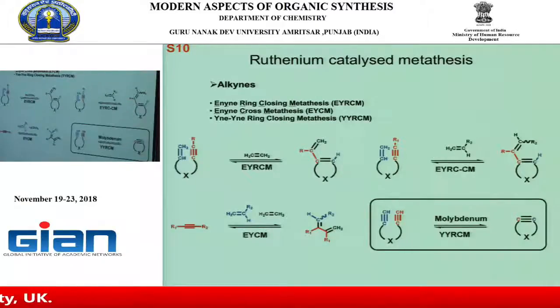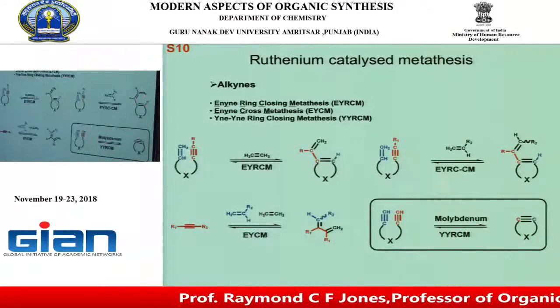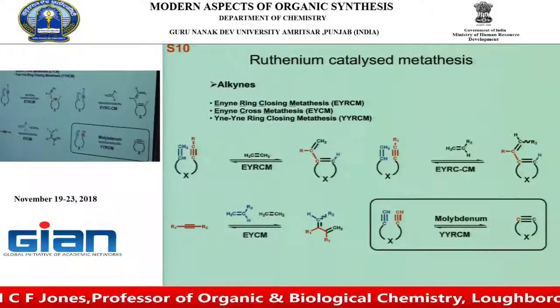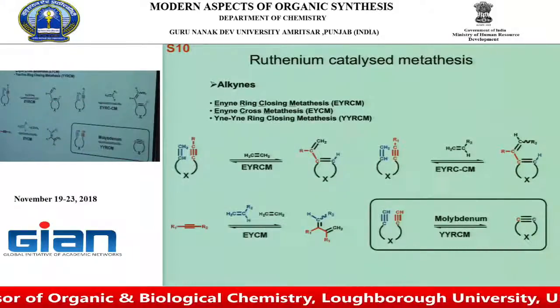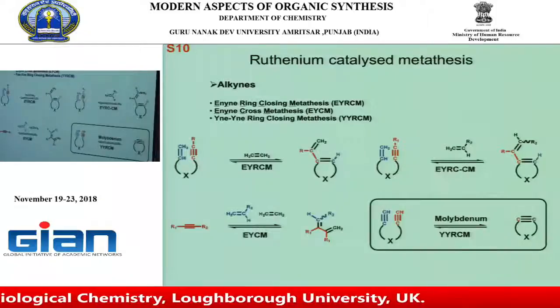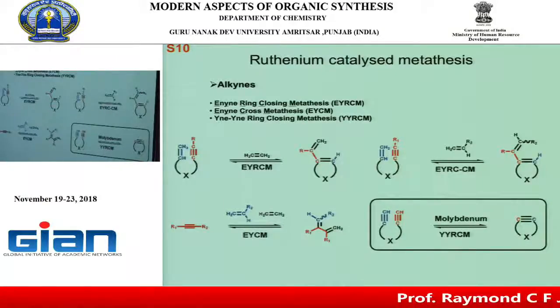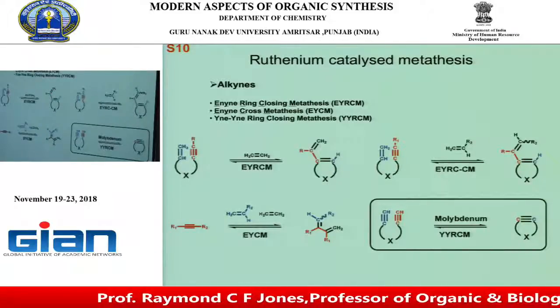You could either have ethene as the terminating alkene, or you have some other alkene. So what you're doing is joining the two carbons together at the inside of the system, just like in the normal alkene metathesis, but because you've got a triple bond, you've got a little bit left over, and you need another alkene to do a metathesis and finish that off.